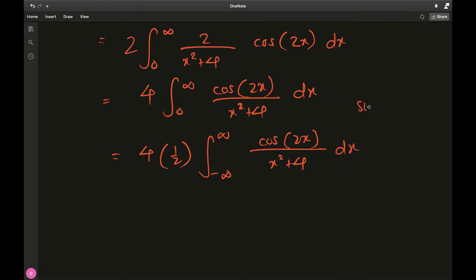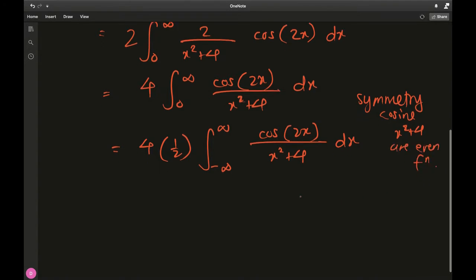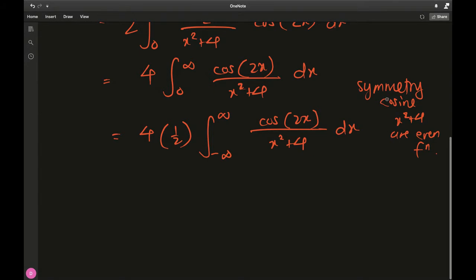Just using symmetry here and noticing that the cosine and x squared plus 4 are even functions. Just this thing, nothing extraordinary here.